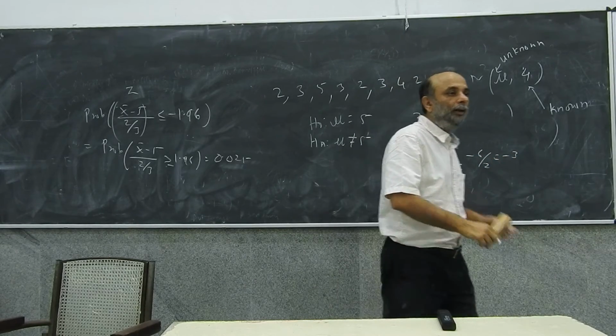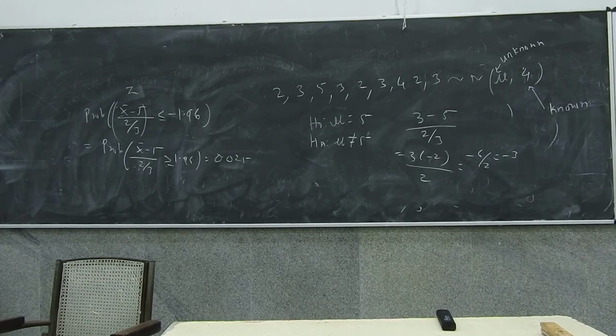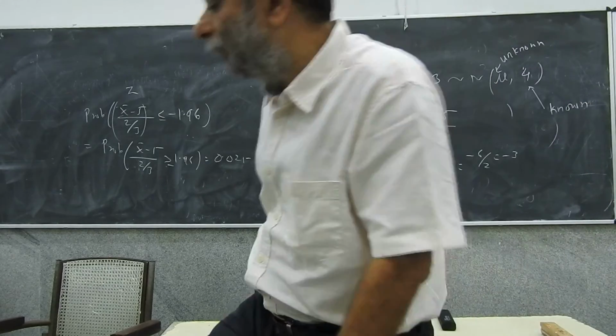Now does minus 3 lie in the minus 1.96 to plus 1.96 interval? Or does it lie outside this interval? Does it lie in the interval or outside the interval? Outside the interval. Yeah? What does that mean?